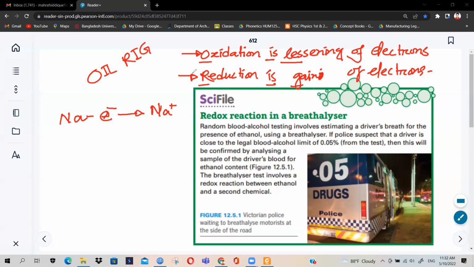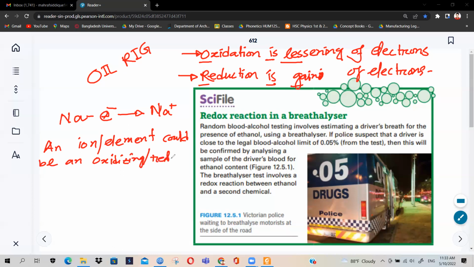A particular element or a particular ion could be a reducing agent or an oxidizing agent. Listen very carefully. An ion or element, and yes, composite ions are also ions, could be an oxidizing or reducing agent.